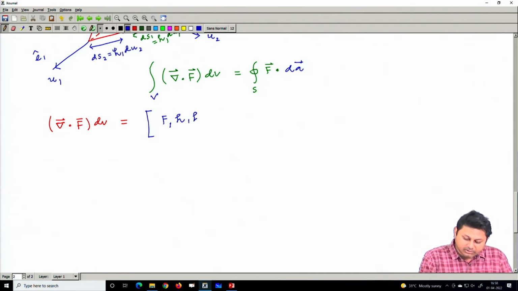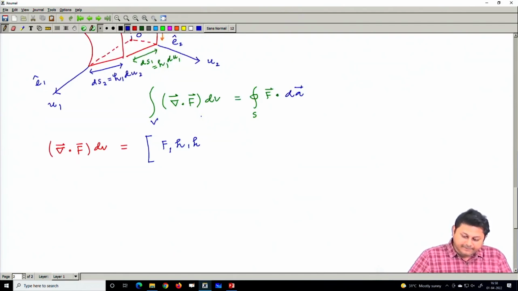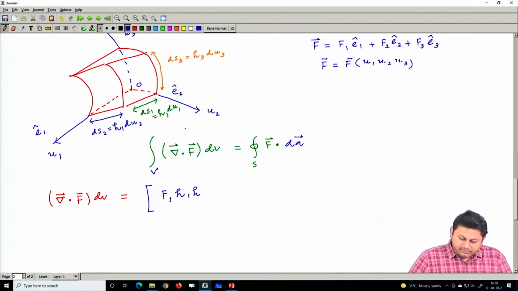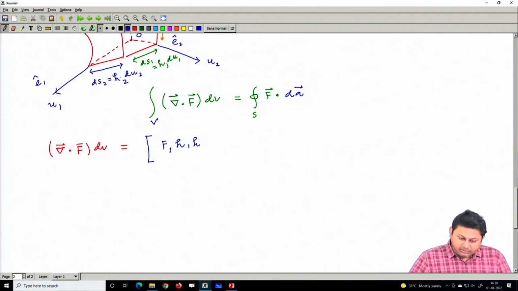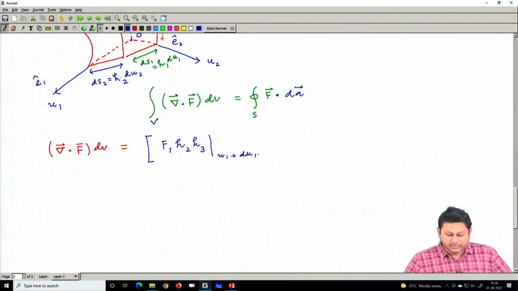So, h1, sorry, here I am making a mistake, this should be h2, h2. Okay, so f1, then h2, h3 at which surface? The surface that is here. So, this surface is at u1 plus du1, okay, at this point.